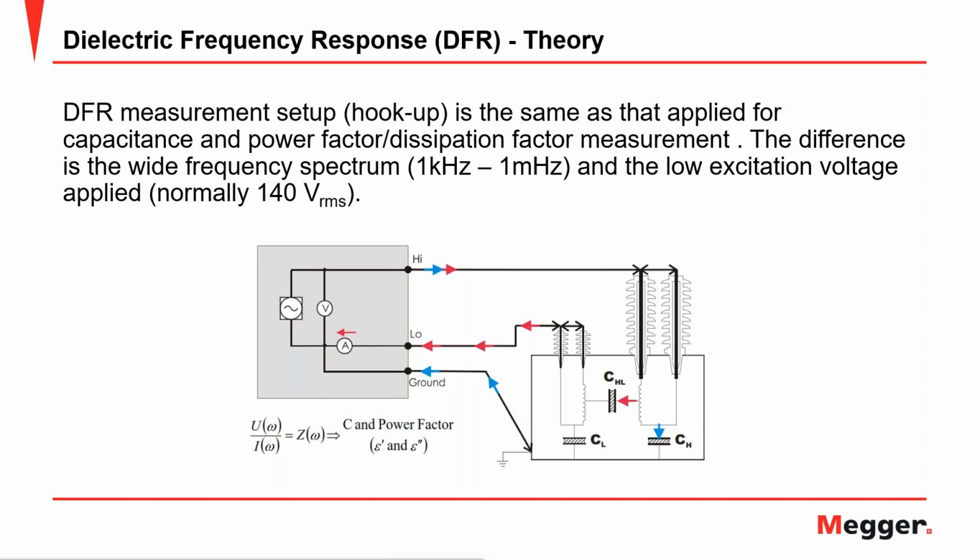So under normal conditions, we normally apply a low voltage, and the low voltage is 200 volt peak or 140 volts RMS. And this is another difference, because especially for oil impregnated paper, we have seen, and it makes sense in oil paper insulation systems, that the power factor under ideal conditions, you will get the same power factor value.